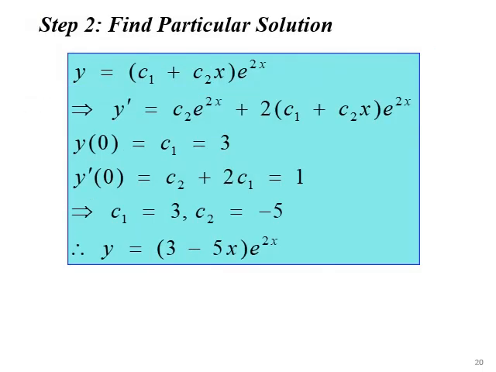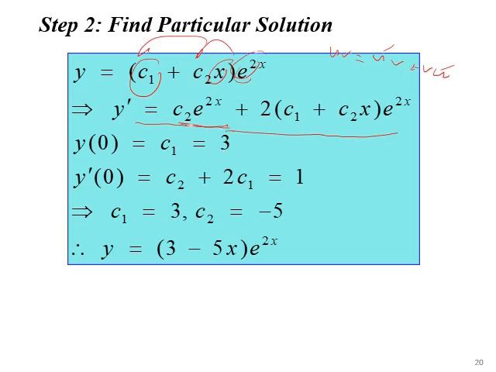As I did in the previous example, I differentiate to find y dash. Exponential is to be multiplied here and here. With this one it will be directly exponential. And here, exponential 2x and there is x, so it's the product rule: u v dash equals u dash v plus v dash u. We simplify, we get this expression.